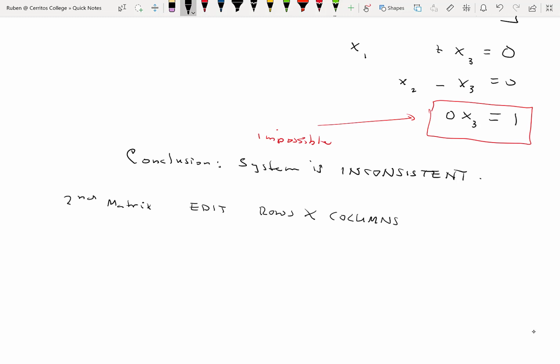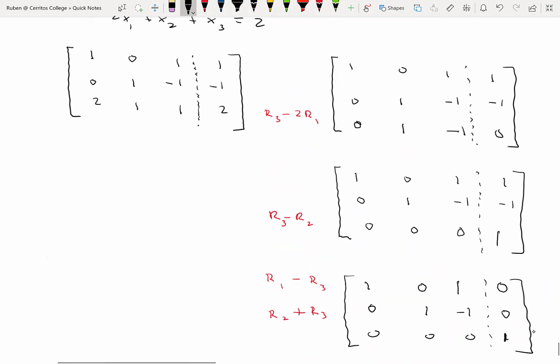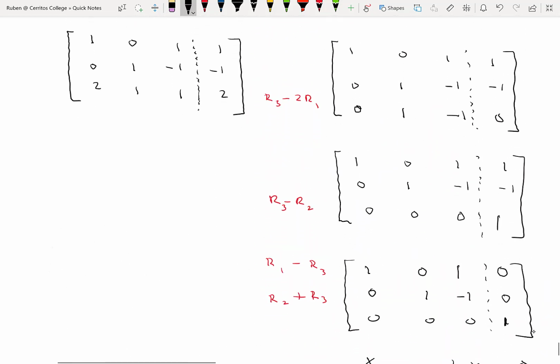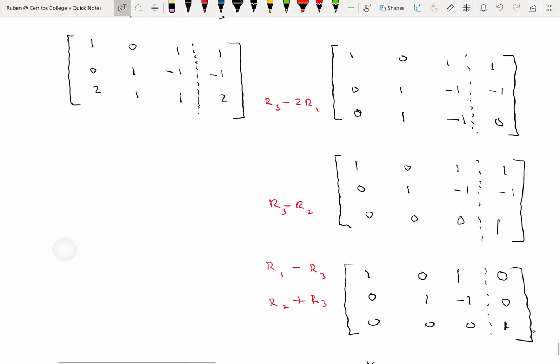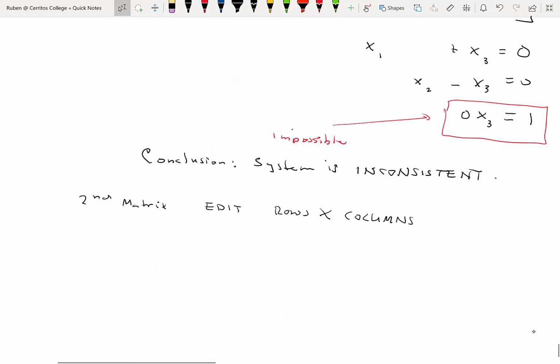So our particular matrix, and let's do this for the example we just did. The example we just did, our augmented matrix has 3 rows and how many columns? 3 rows and 4 columns. So enter 3 and 4 for the number of rows and columns.